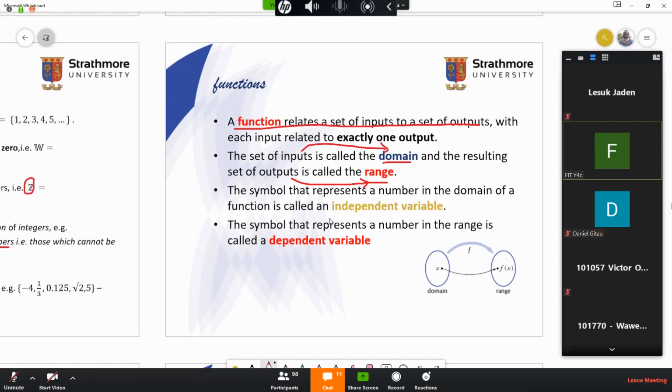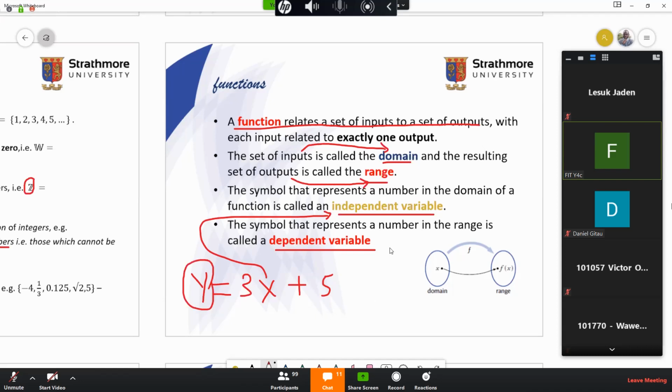This is also important. Symbols that represent a number in the domain of a function are called independent variables. There is something called a dependent variable and an independent variable. So if y is equal to 3x plus 5, x is the independent variable because whatever x is going to affect y.